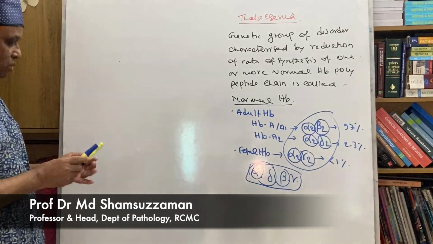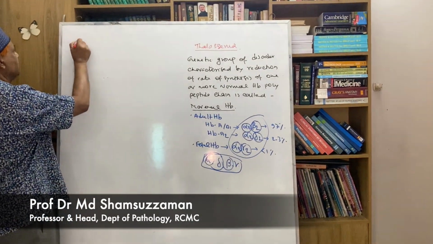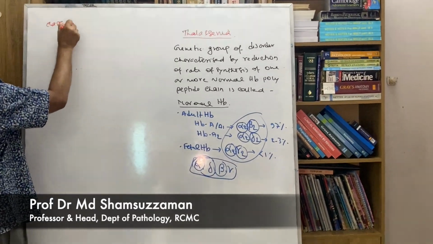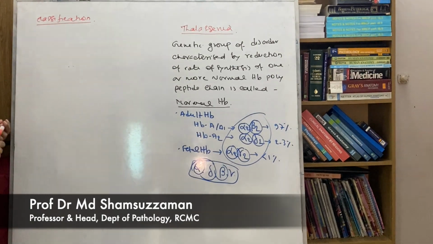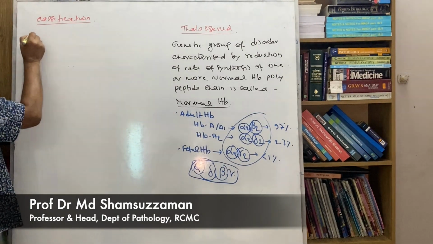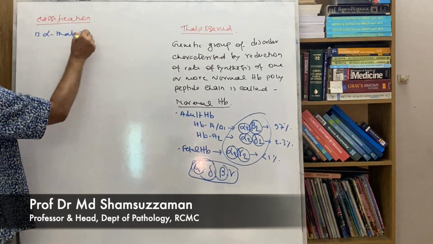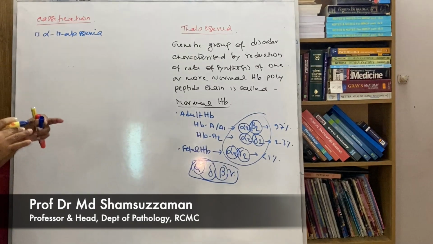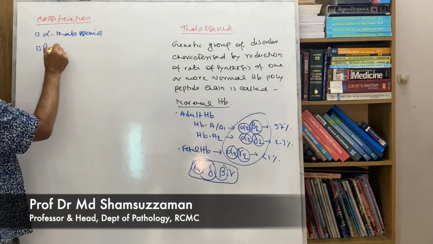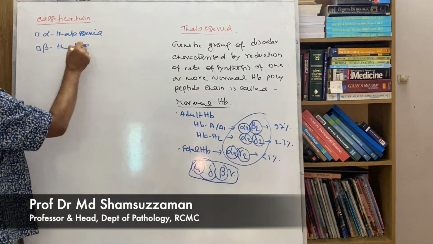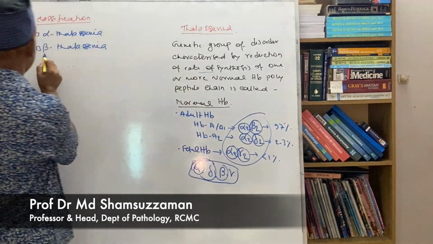Now come to how we can classify thalassemia. Briefly, we can classify thalassemia as alpha thalassemia, where there is reduction of rate of synthesis of alpha chain only, and beta thalassemia, where by definition there is reduction of rate of synthesis of beta chain.